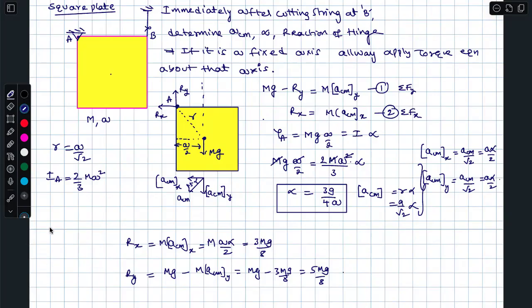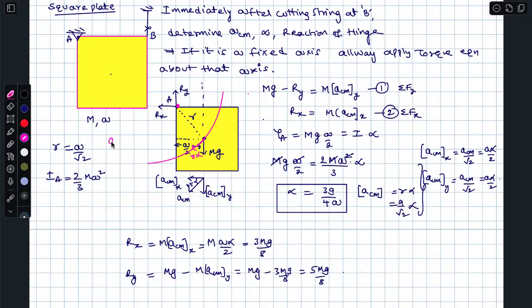Sir, can you repeat the part after alpha is equal to 3g by 4a? Yes, exactly. Very good. Please try to understand, this is pure rotation about the axis. About this axis, it is pure rotation. At that instant, the center of mass has an acceleration R alpha.